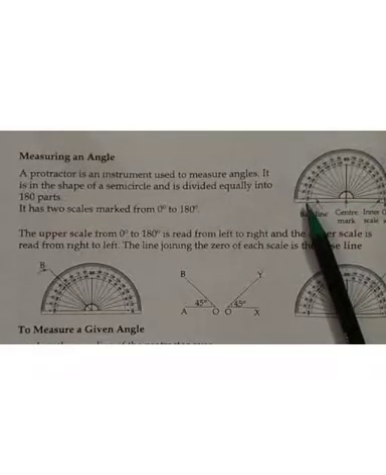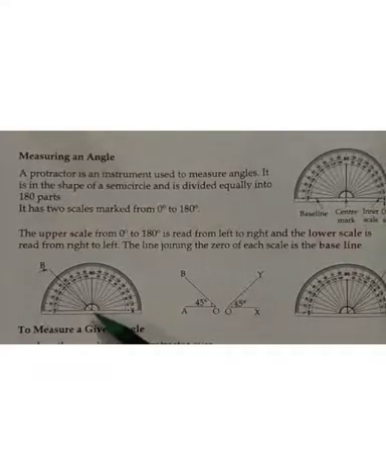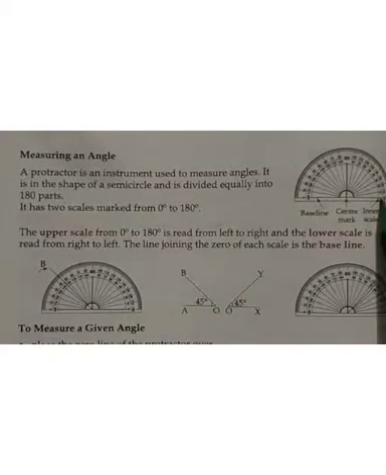Then how to measure the angle? Here one line is given. You place the 0 line of the protractor over this line.